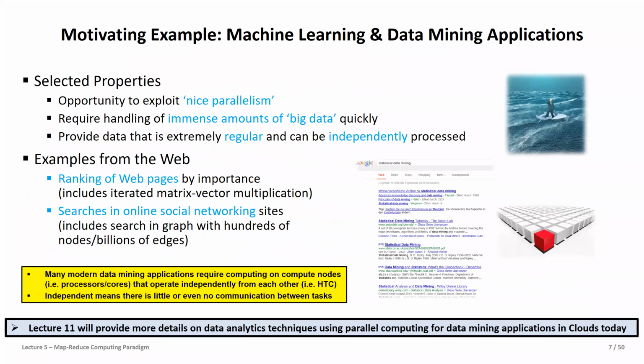That is just for a review, and let us have a motivating example about machine learning and data mining applications. Here, the interesting property of all of these is to think about them as nicely parallel. And this is a difference to the HPC world, where you have a massively parallel paradigm where things are much more interconnected to each other.